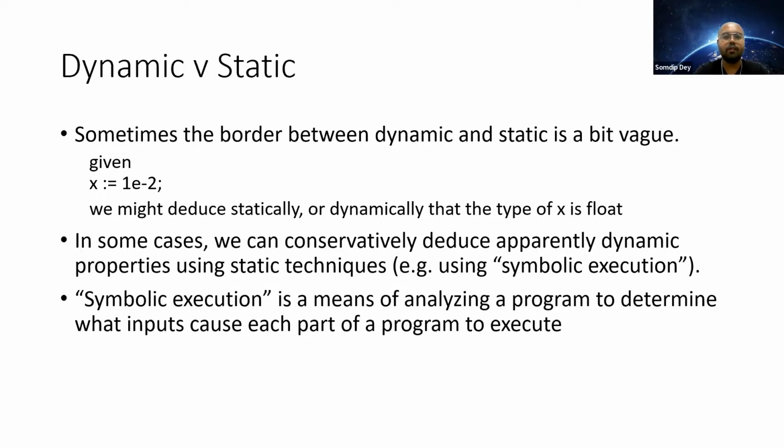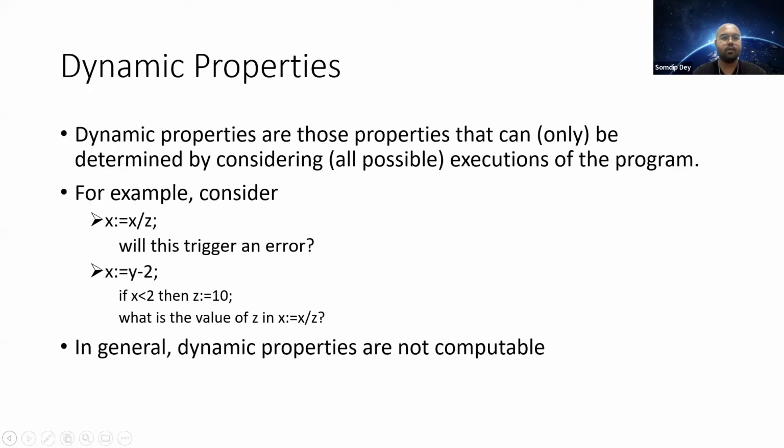Now, before we continue, we have someone post something in chat. So Matthew mentioned, sorry, I'm a little bit confused about how the division makes that particular case a dynamic one. Okay, Matthew, good point. Okay, going back here, right? Let's say here, how would you know whether an error would happen or not?